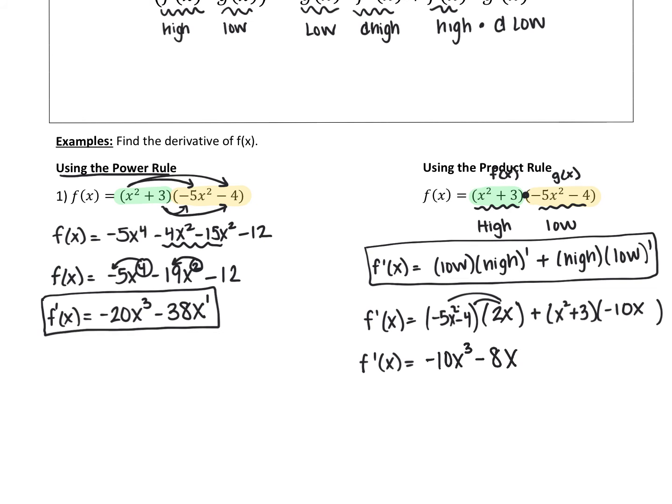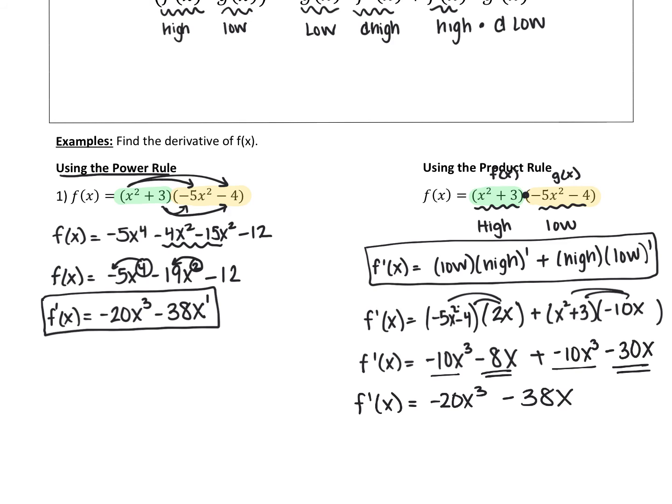And then plus, we can distribute the negative 10x in. That would be negative 10x to the third minus 30x. So if we combine our like terms, negative 10x to the third plus negative 10x to the third will give us negative 20x to the third. And then negative 8x and negative 30x add to a negative 38x.